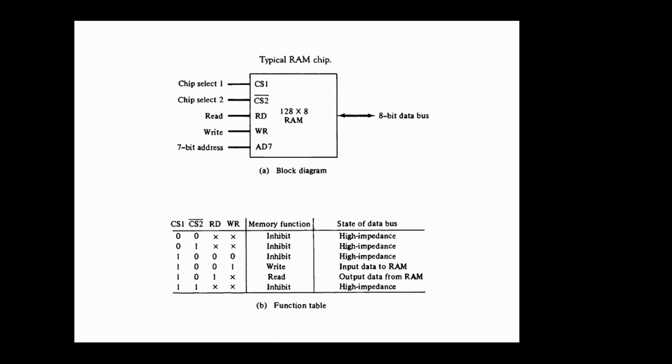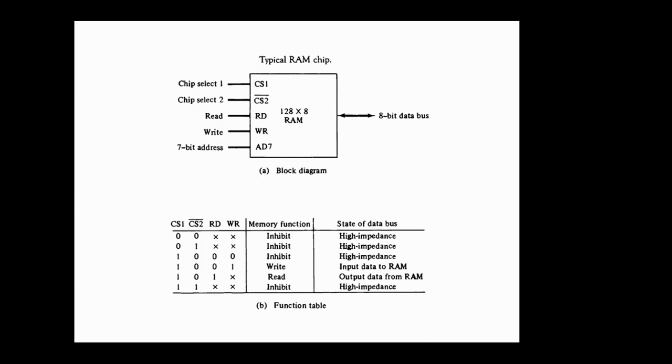If we name these memory locations, the first will be 0, then the second will be 1, then 2, 3, 4, 5. It will go up to 127. So if we name the rows in the RAM, there will be 0, 1, 2, 3, 4 up to 127. So there are in total 128 addresses in the RAM.